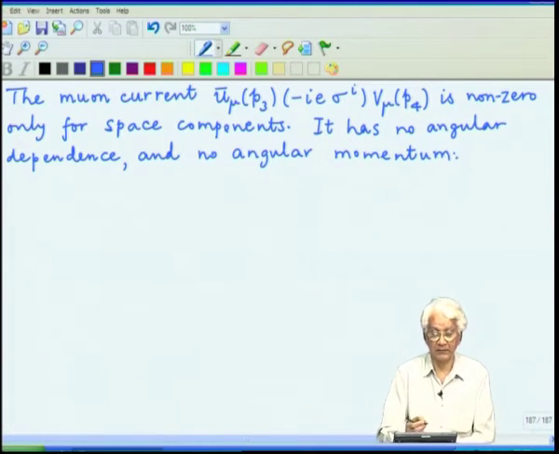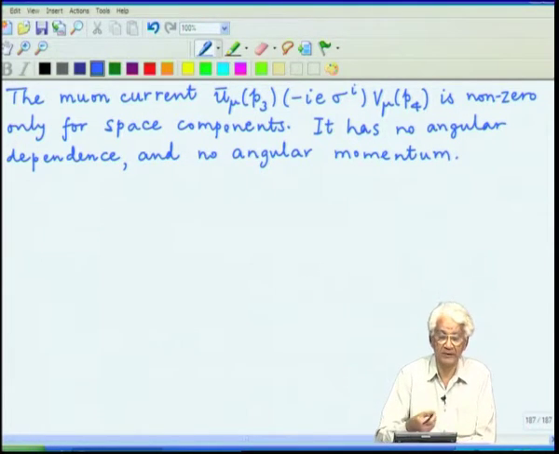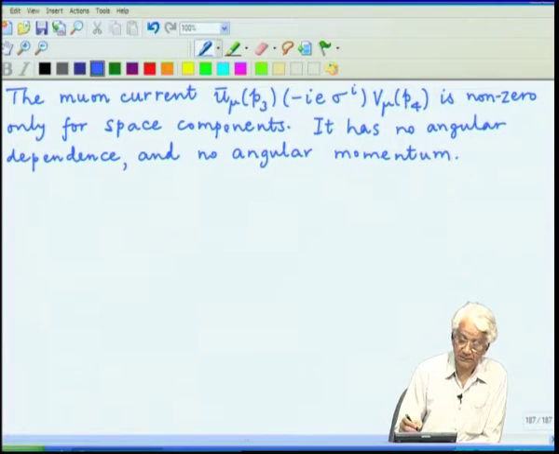And so, all which is involved is the spin degree of freedom. The space part has no appearance in this structure at all, and so the cross section is completely isotropic.